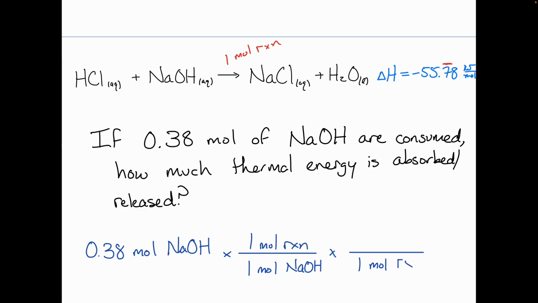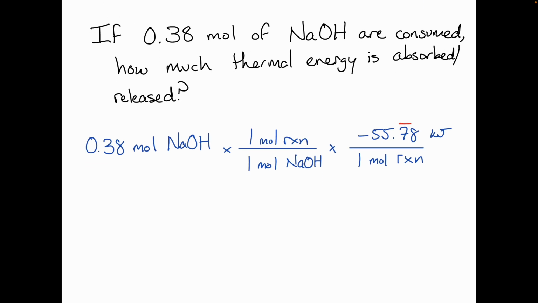1 mole reaction is negative 55.78 kilojoules. And again, we said that number only has 3 sig figs. So I punch this into my calculator, I get negative 21.1964.